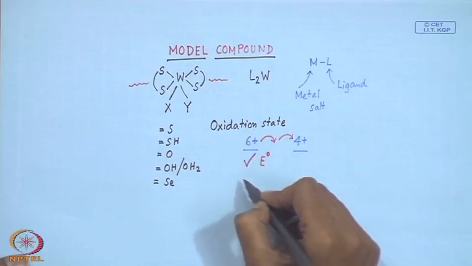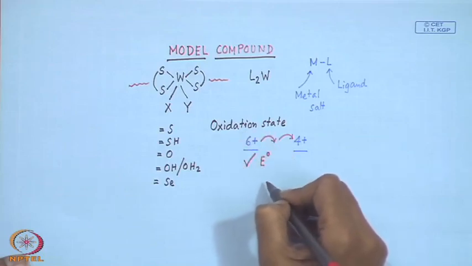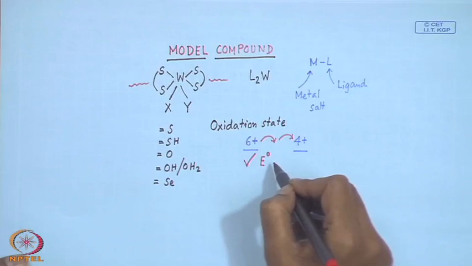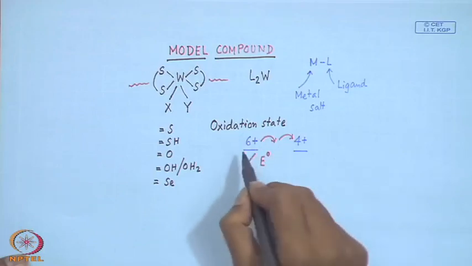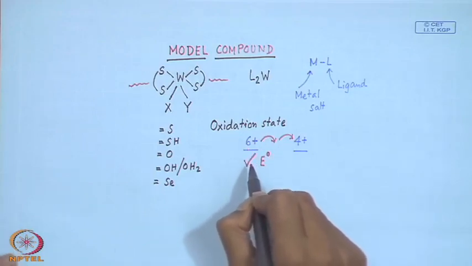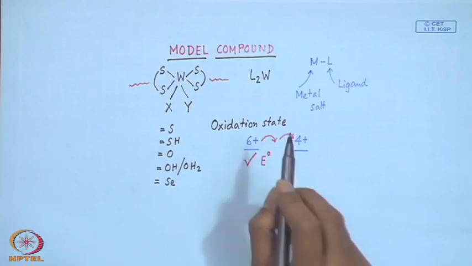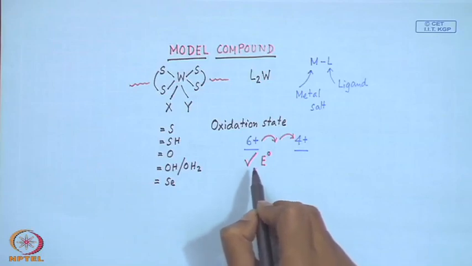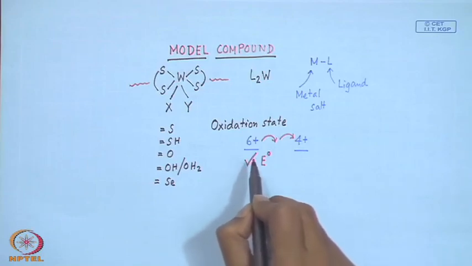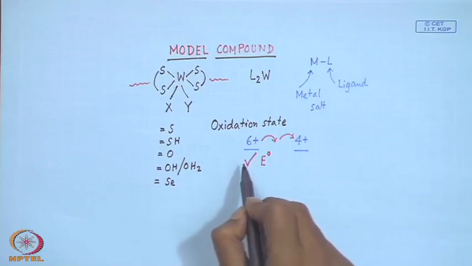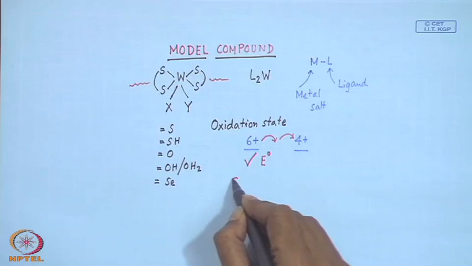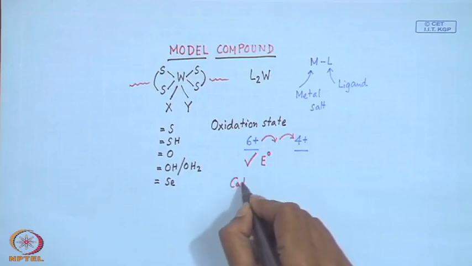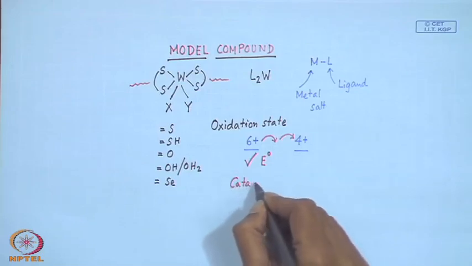So, synthetically, when we make this particular species in the laboratory as a model compound, we get the compound only in one particular oxidation state, and that immediately gives us useful information about whether the compound prepared in the hexavalent state can show the corresponding catalytic activity. So that next can be tested for catalytic activity.